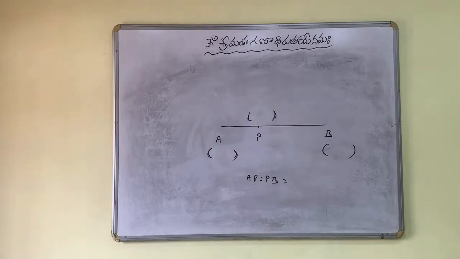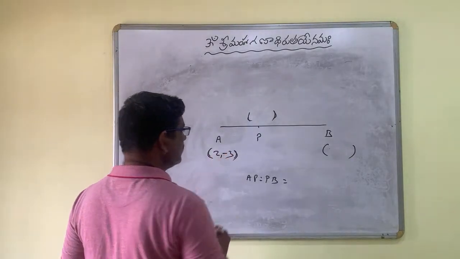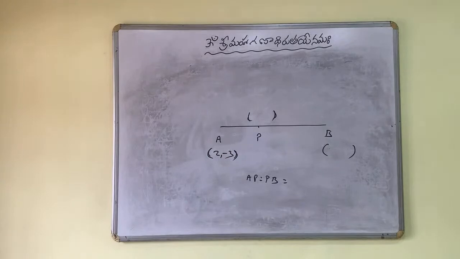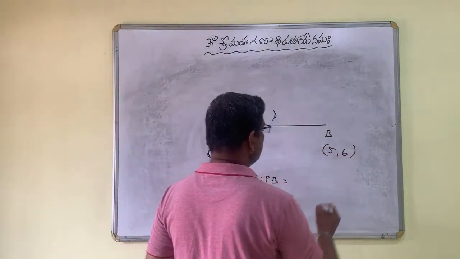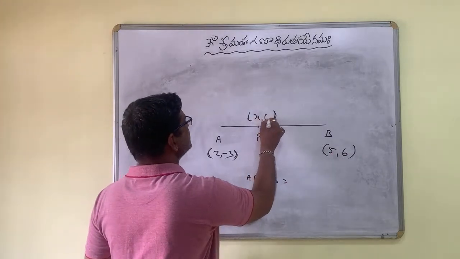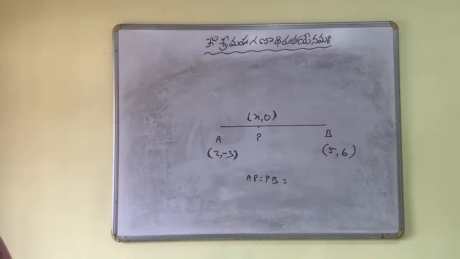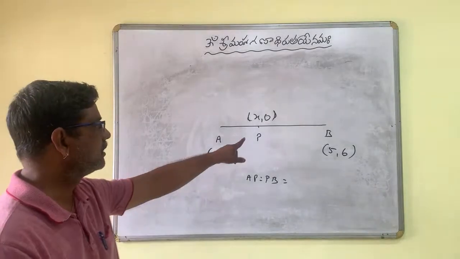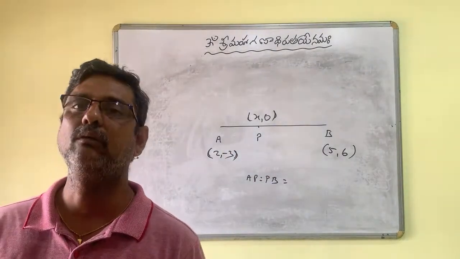In what ratio is the line segment joining A(2, minus 3) and B(5, 6) divided by the x-axis? Divided by the x-axis means you have to take the p coordinates as (x, 0).